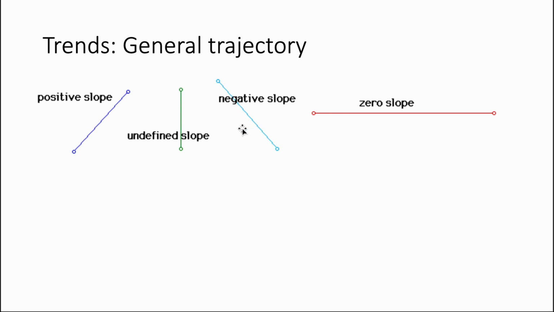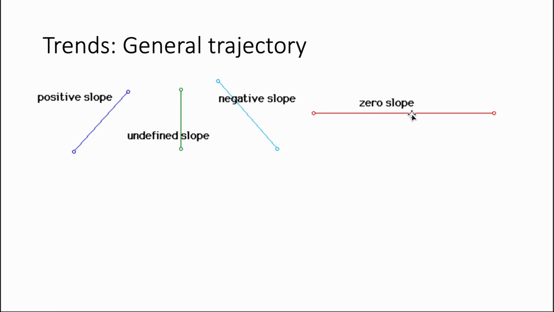We have a negative slope, so as the x-axis increases, the data actually has this negative slope. It's actually going downhill, right? So as the x-axis increases, the y decreases. That's why it is a negative slope. Here, x increases, y increases. Here, x increases, y decreases. It goes down.